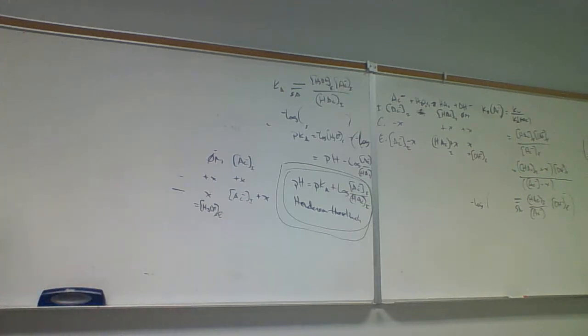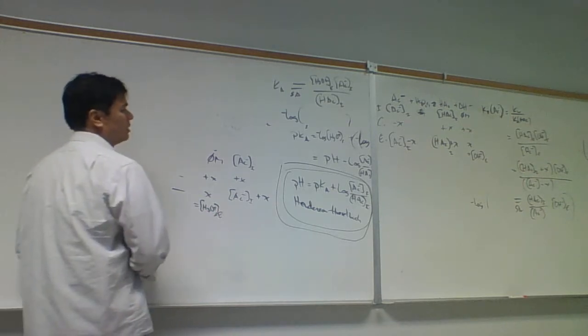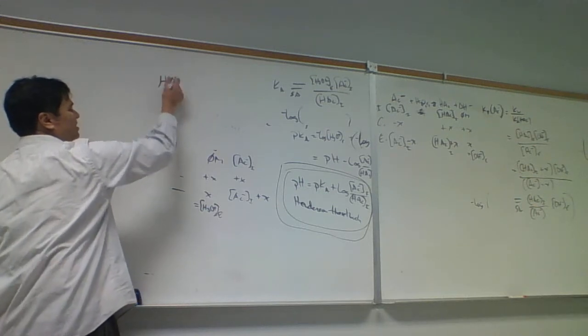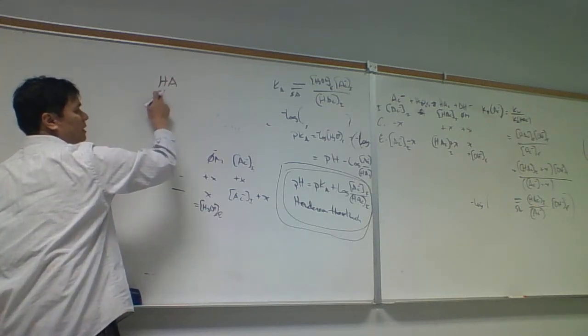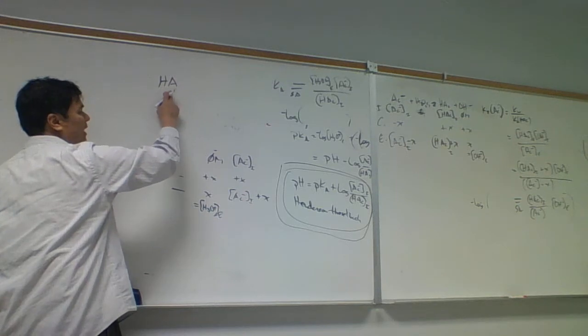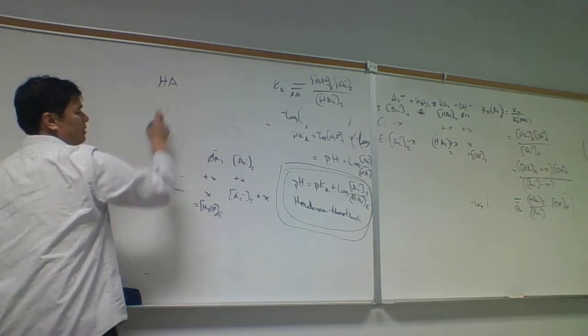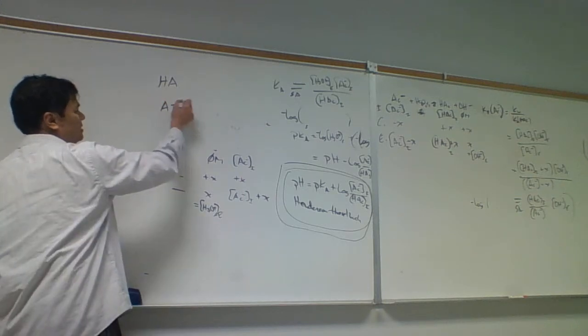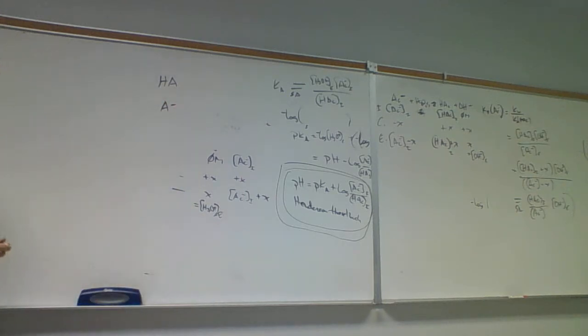And so let's take a look at an example. You can substitute, rather than acetic acid, any generic acid. A generic acid looks the same. It's just called HA rather than HAC. A minus is the generic anion, the generic conjugate base.